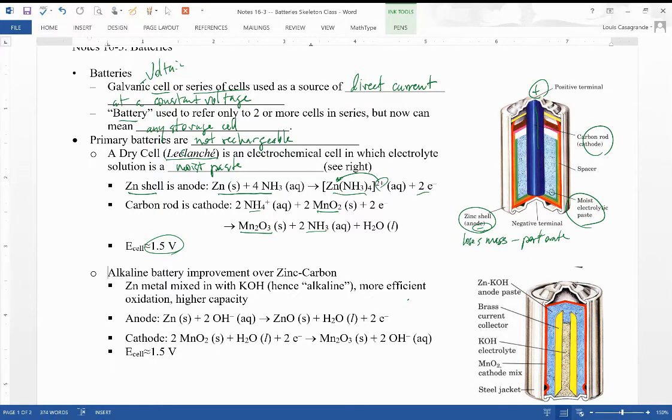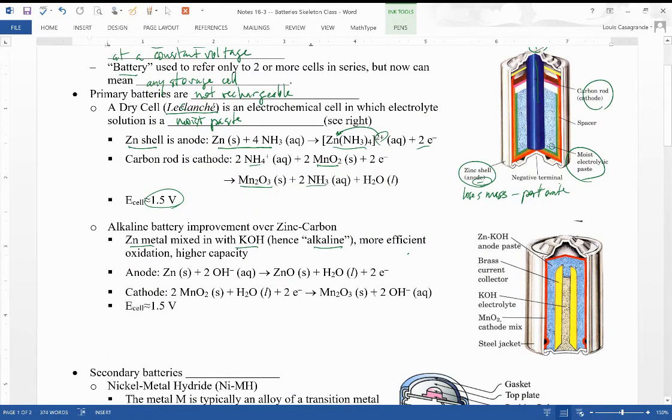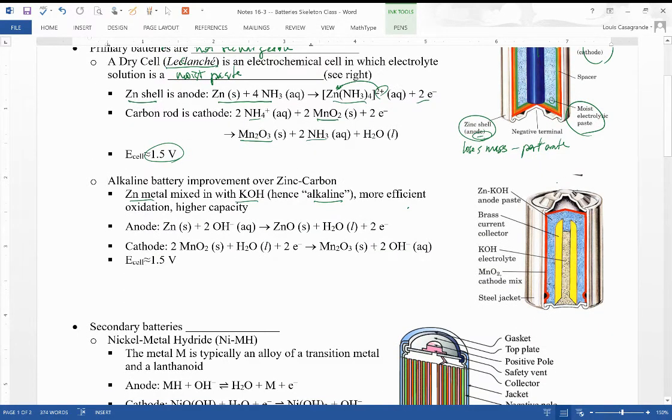So one improvement over the zinc carbon cells, as it was called, was an alkaline cell in which the zinc metal was mixed with KOH instead of being the shell. Now what happened was the zinc KOH became a paste, and that zinc was distributed through the paste. This made for more efficient oxidation.